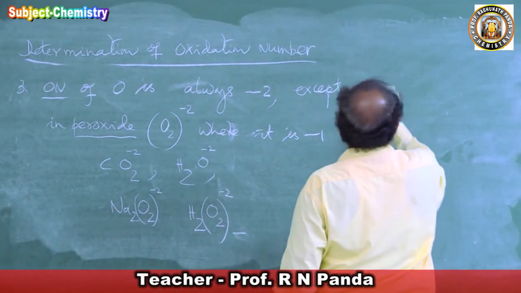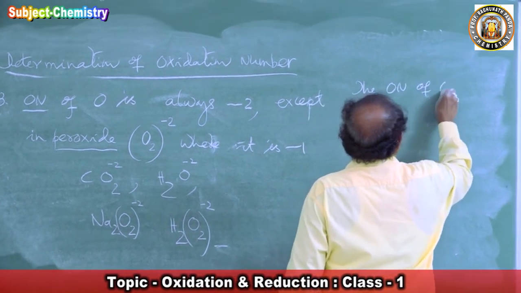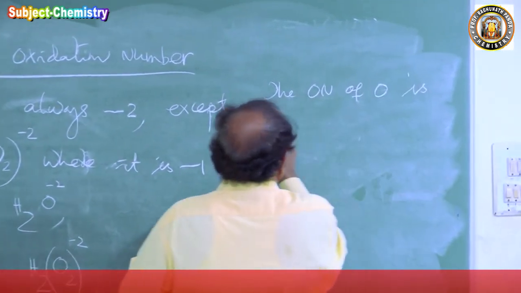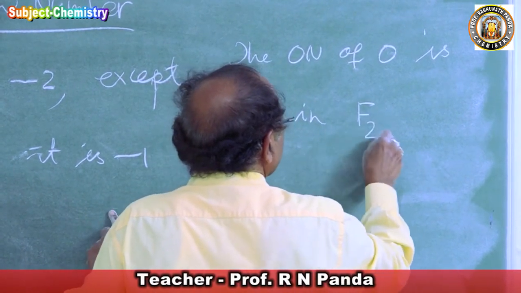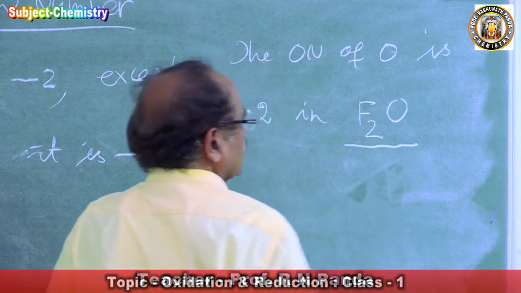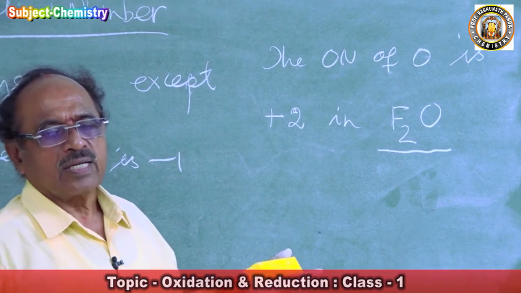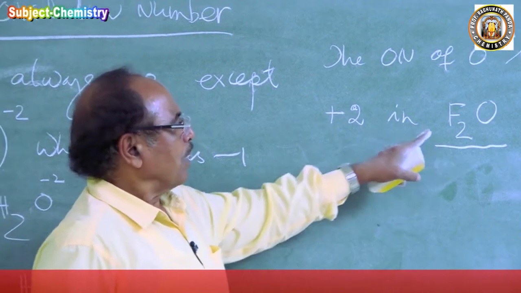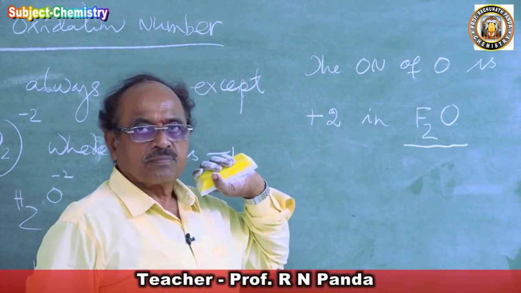The oxidation number of oxygen is +2 in F2O, difluorooxygen, fluorine oxide you can call it. So why? Now fluorine is more negative than oxygen.